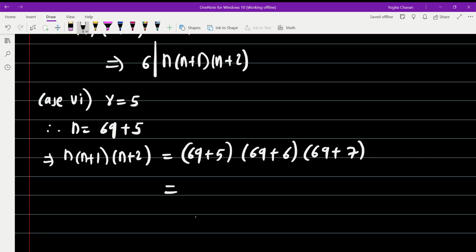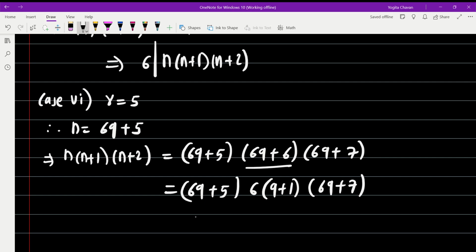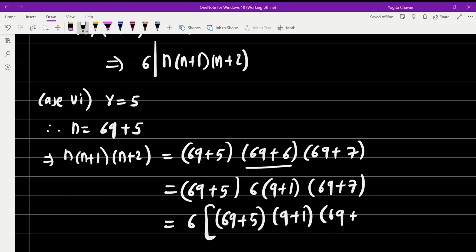Now take 6 common from the second term. The first term as it is, 6q plus 5, this is 6 in bracket q plus 1, and this 6q plus 7 is also as it is. So it is equal to 6 in bracket this 6q plus 5 into this q plus 1 into this 6q plus 7.